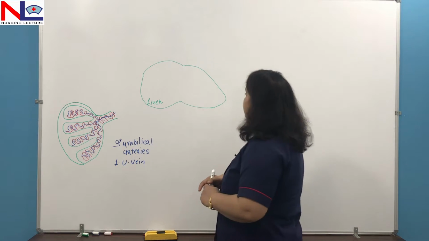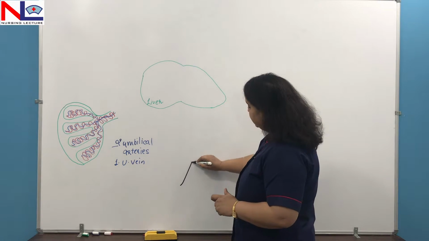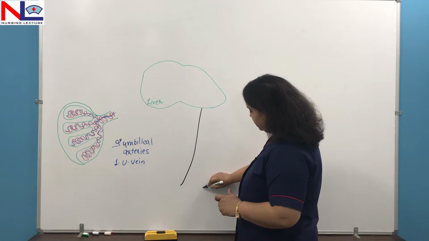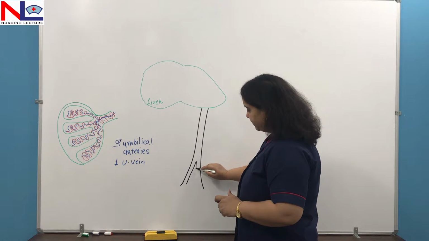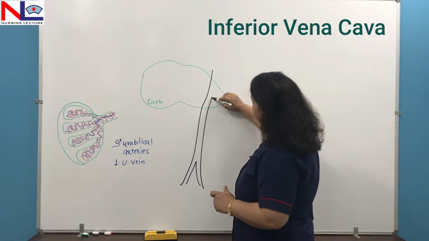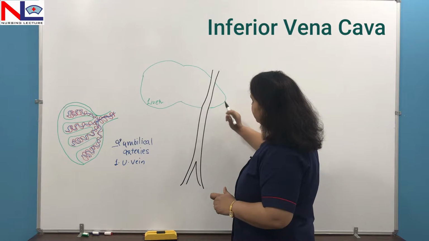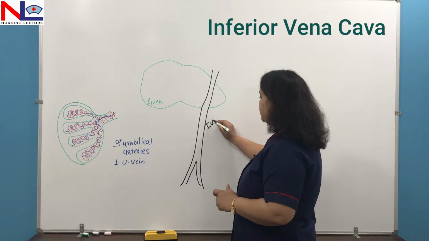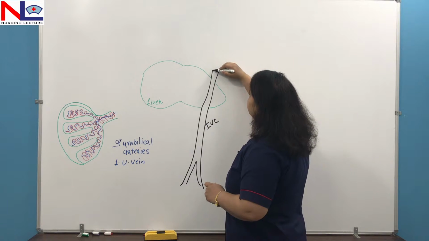Now the important vessel which carries deoxygenated blood from the fetus's lower body part, that is the inferior vena cava. So here is the inferior vena cava.